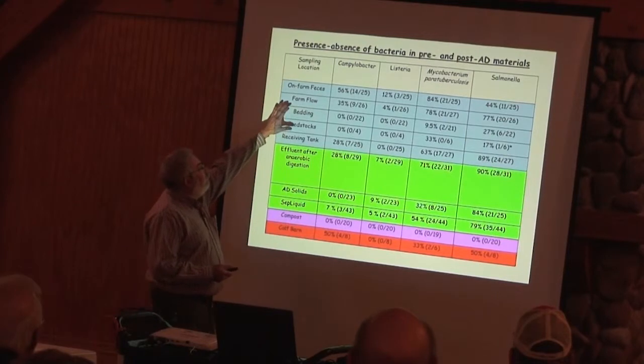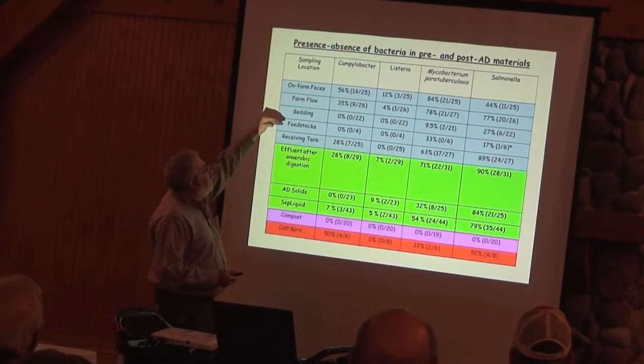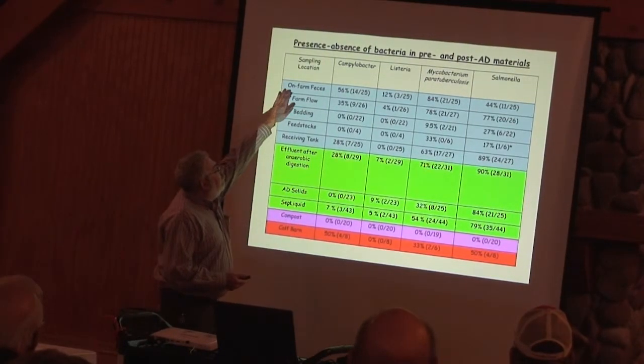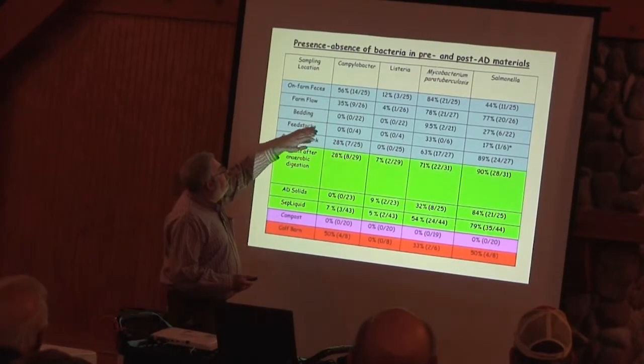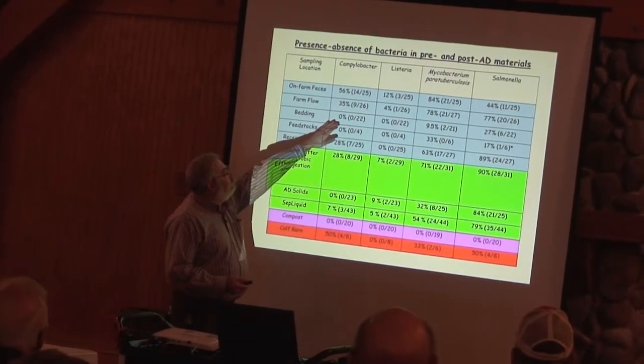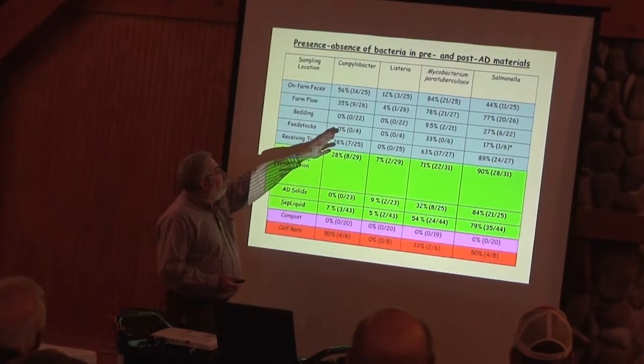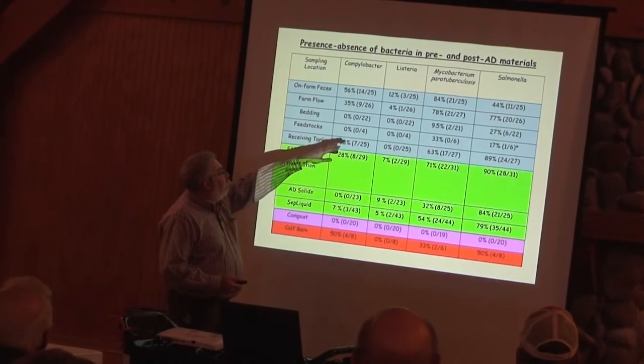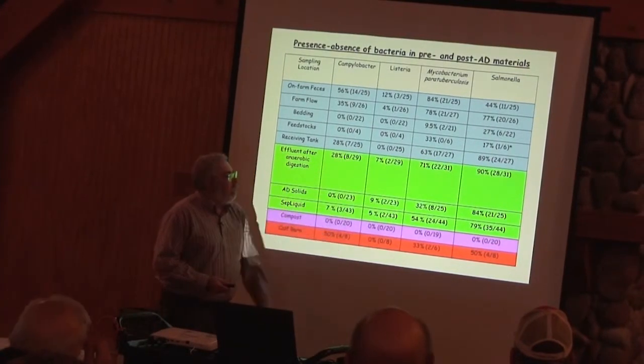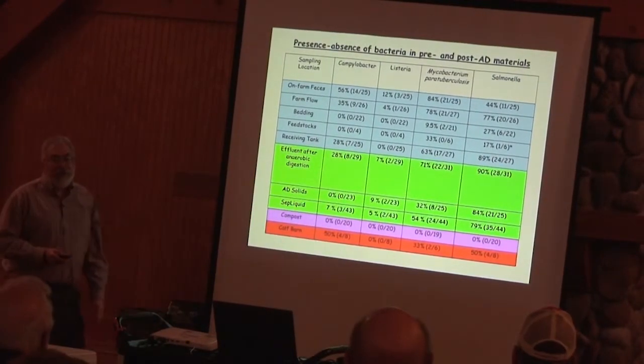You don't get pathogens from everything. We have feces and farm flow, but the bedding, if you're using a wood product, comes in pretty low. Feedstocks generally don't come in with pathogens. So generally through AD you get a reduction in pathogens, which is one of the advantages.